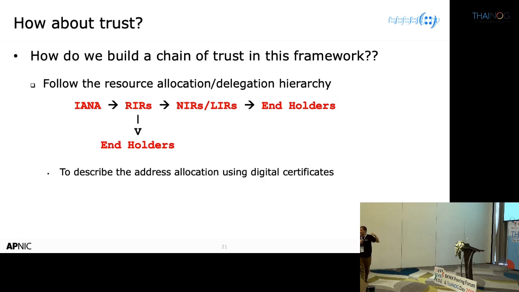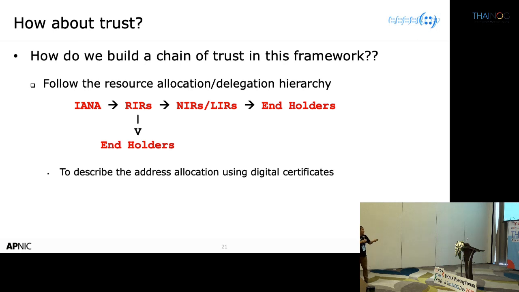But when it comes to numbers, there are only 5 RIRs. For North America, you have ARIN, South America, LACNIC, Africa, AFRINIC, Europe and Middle East, RIPE, Asia Pacific, APNIC. So there are only 5 who can delegate resources down to end users. So it's a much simplified root hierarchy.